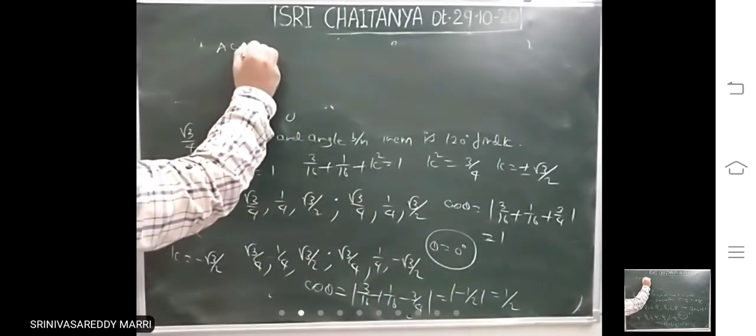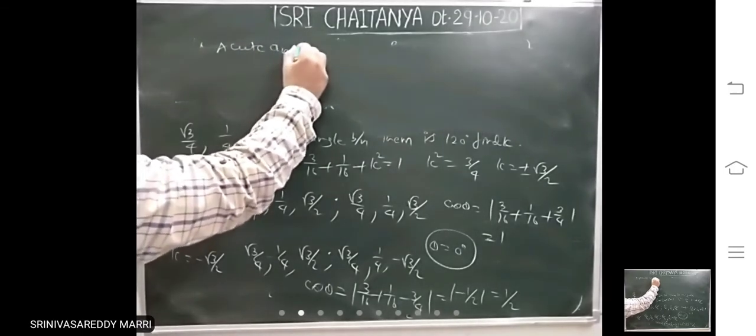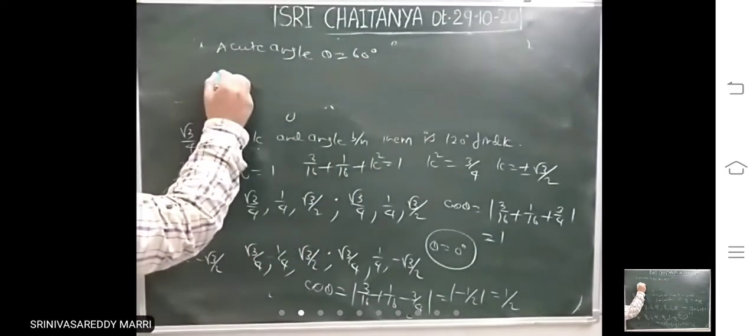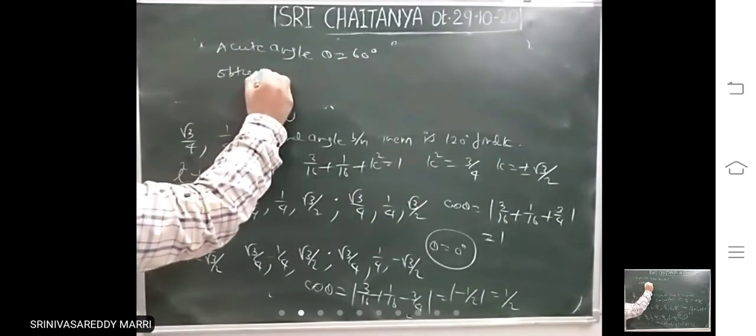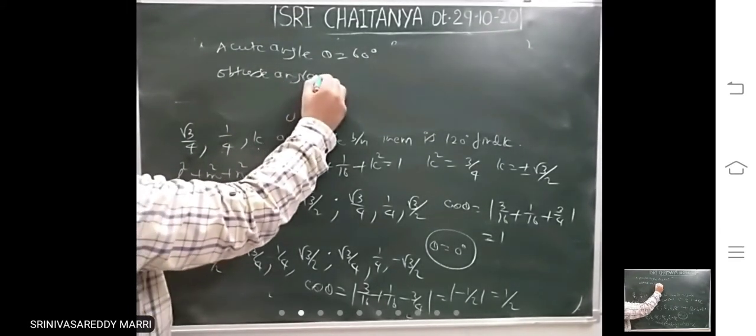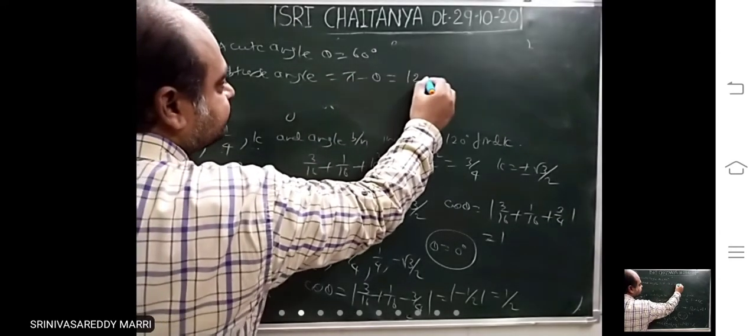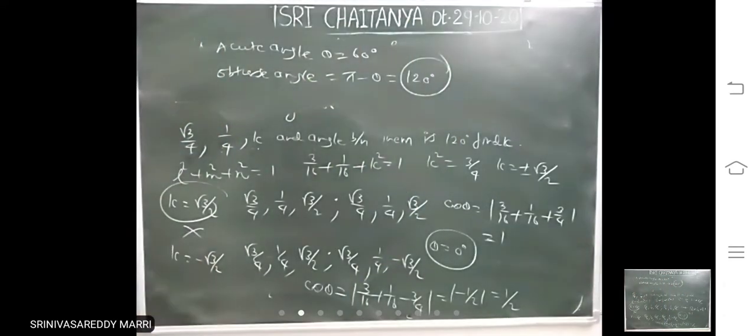That means that is the acute angle. The acute angle theta you got is 60 degrees, and the other angle will be there. Obtuse angle equals pi minus theta, that is 120. So you got 120.